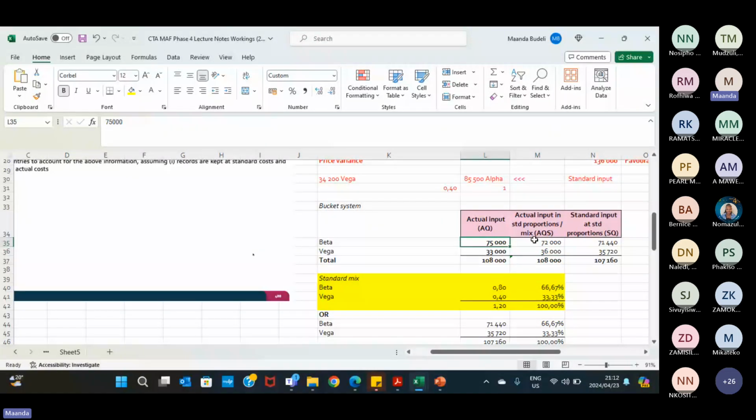It means now my mix has changed from the standard mix that I know, because this is the actual, which is the new mix. But I know that my standard mix is this one, so I can use the total amount to get this. So this becomes my actual mix, and this becomes my mix as per my standard proportions.